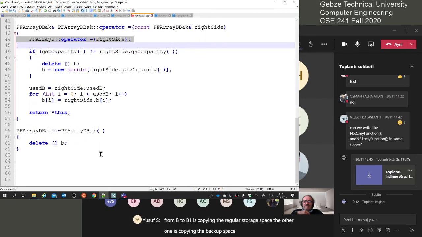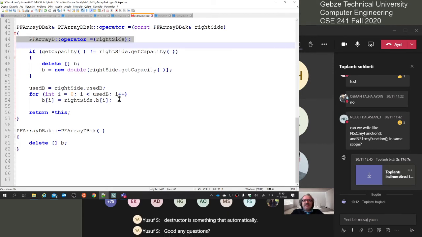And the derived class destructor is just deleting whatever I have in the backup space. So this one doesn't talk anything about the base class destructor, because calling of the base class destructor is something done automatically. Good. Any questions?